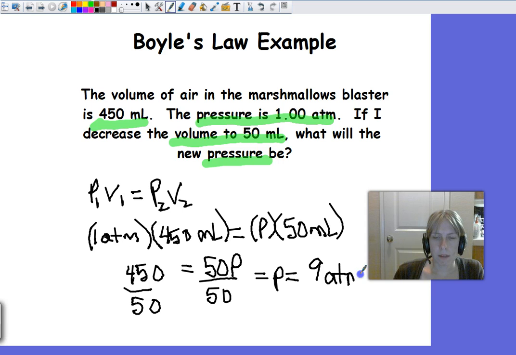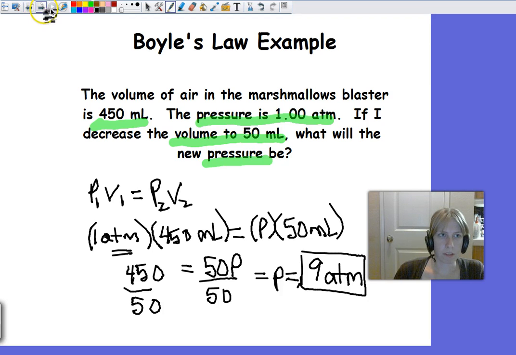And I know it's in ATMs because that's the pressure that we start with. So that would be our answer. Now when you do this, make sure that if you're given an initial volume in liters and then a final volume in milliliters, that you convert one of them so that everything's in the same. Otherwise it's not going to work.